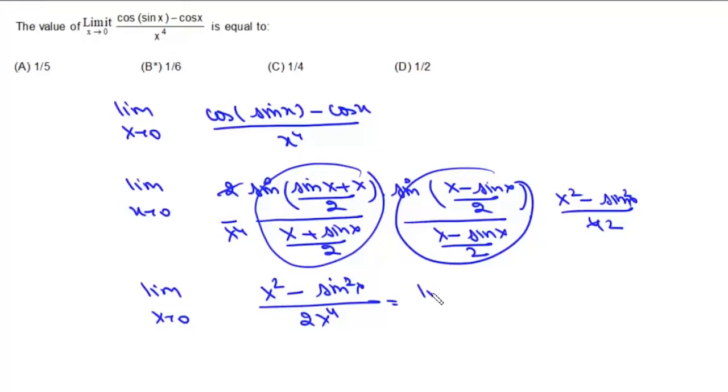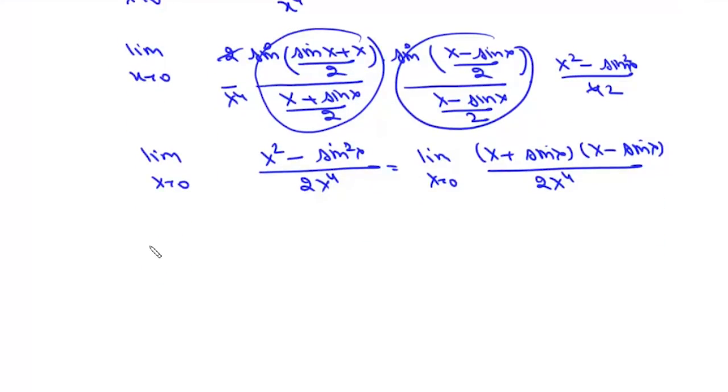Now we'll write this as limit x tends to 0 of x plus sin x into x minus sin x upon 2x to the power 4, and we'll use the series expansion of sin x. So it will be this limit x tends to 0.